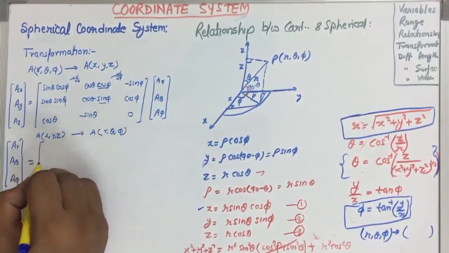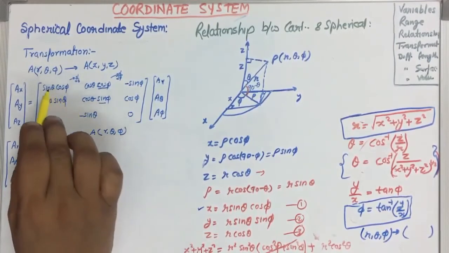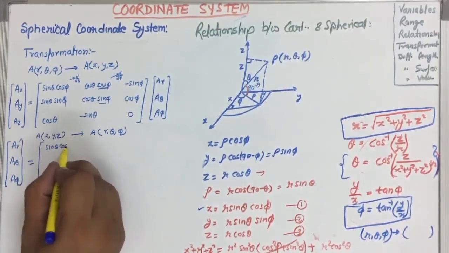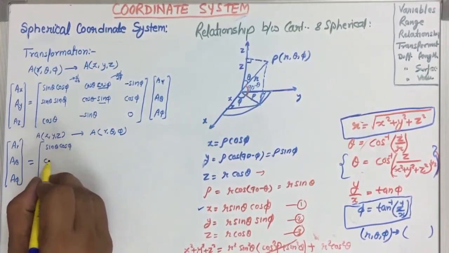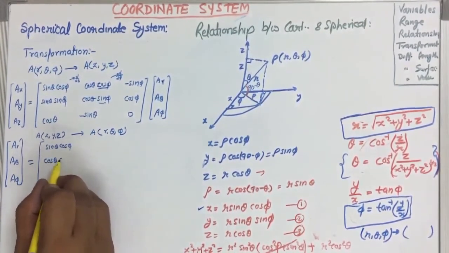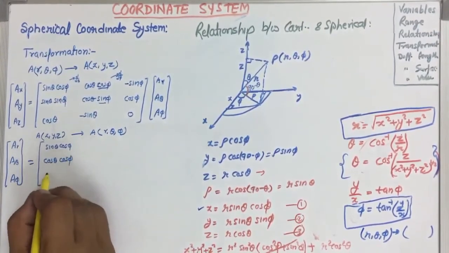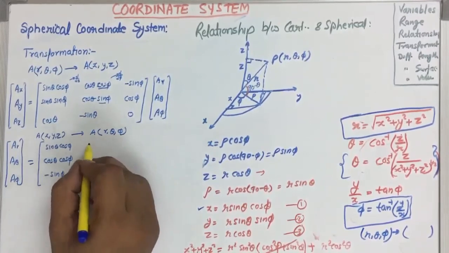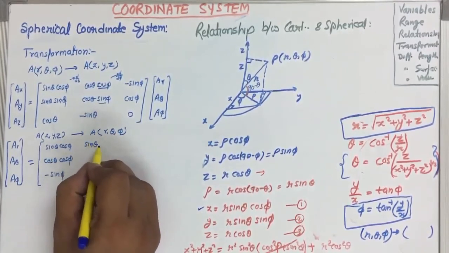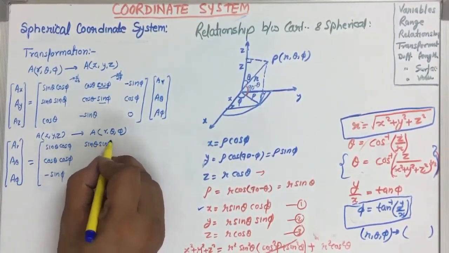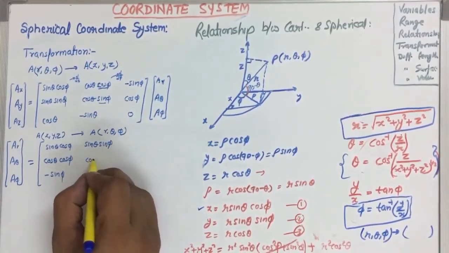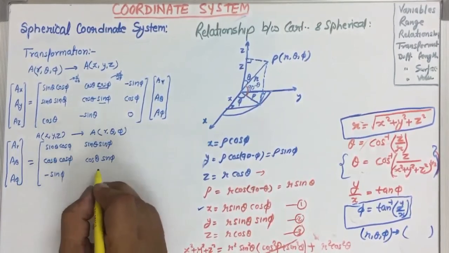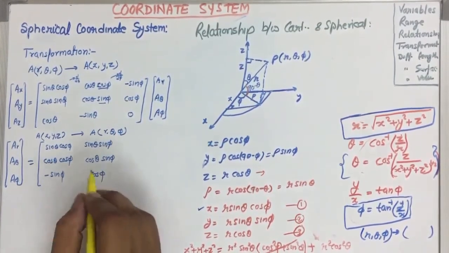Now we are writing. In that case, the first row will be the first column, that is sin theta cos phi, sin theta sin phi, cos theta. The second row is cos theta cos phi, cos theta sin phi, minus sin theta.